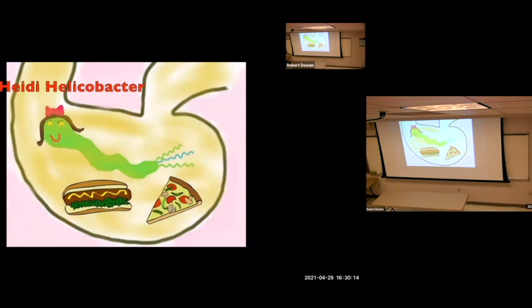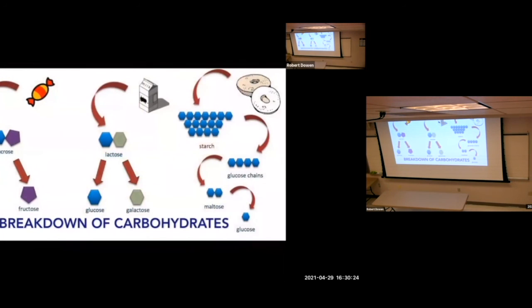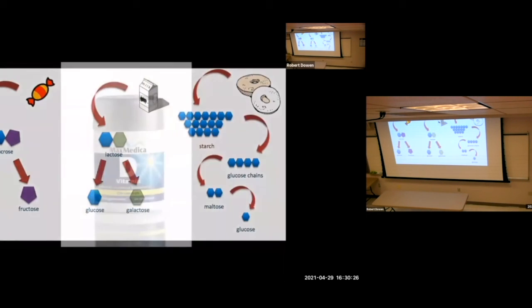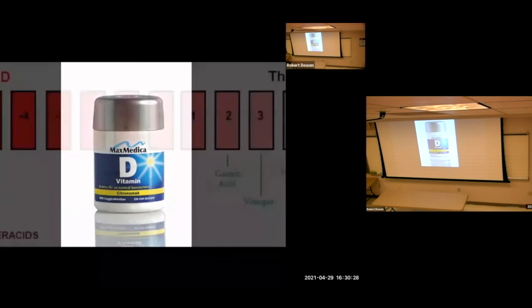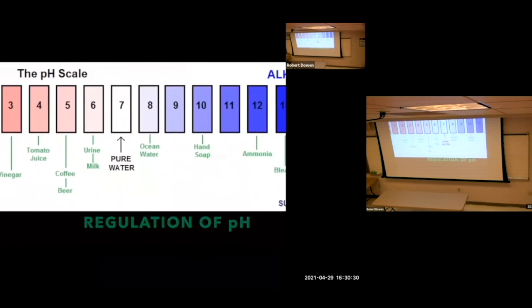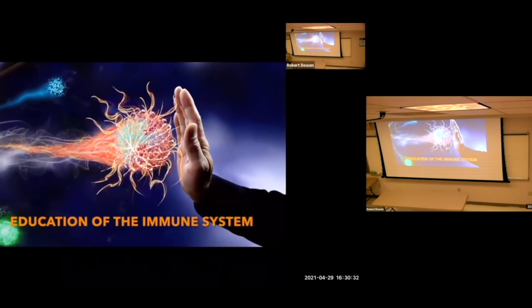There is likely a set of metabolic functions we perform, but different microbes may perform these functions in different individuals. Some of these functions include breakdown of carbohydrates, synthesis of vitamin D, regulation of pH, and education of the immune system so it functions properly.